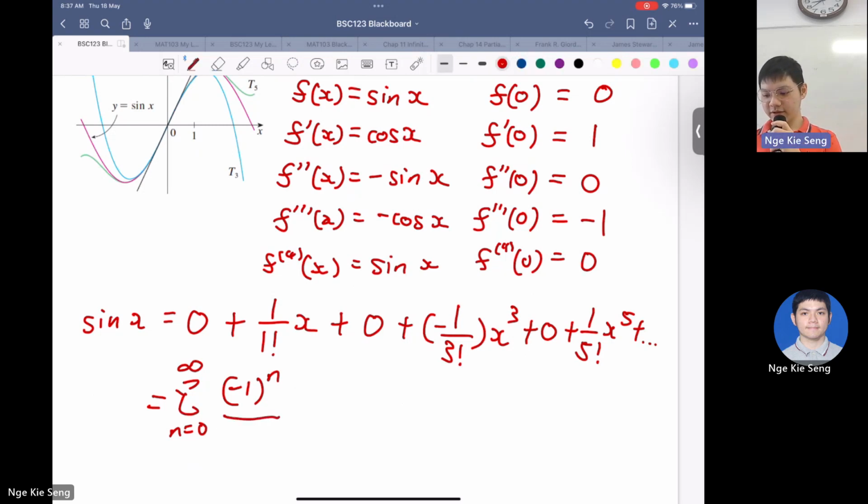You are only left with the odd degrees. 2n plus 1 represents all the odd numbers. How about the denominator? Also 2n plus 1 factorial. So one thing you need to know here is how to represent the odd numbers using n.